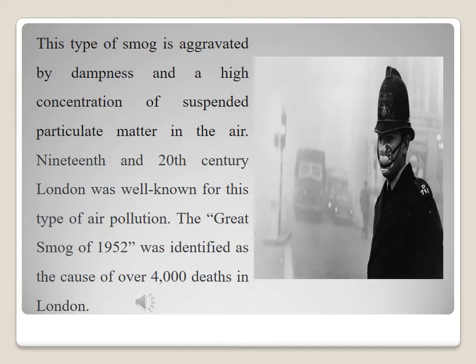This type of smog is aggravated by dampness and a high concentration of suspended particulate matter in the air. In the 19th and 20th centuries, London was particularly well known for this type of air pollution. The Great Smog of 1952 was identified as the cause of over 4,000 deaths in London.